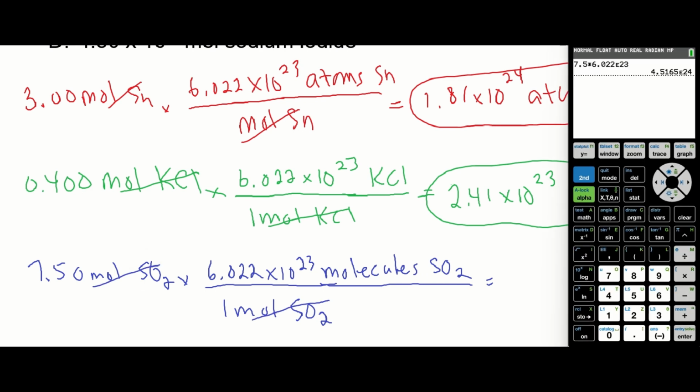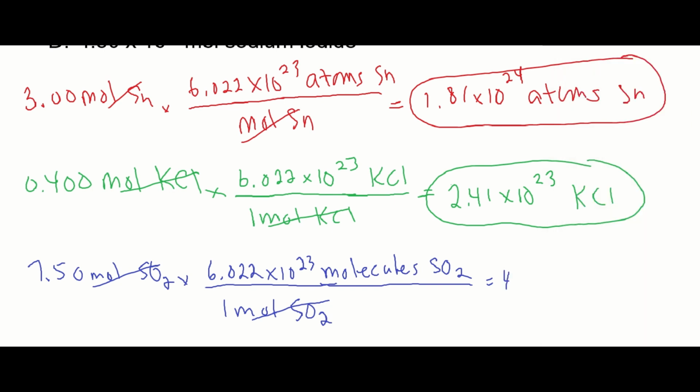So we have 4.52 times 10 to the 24 molecules of sulfur dioxide in 7.5 moles of sulfur dioxide.